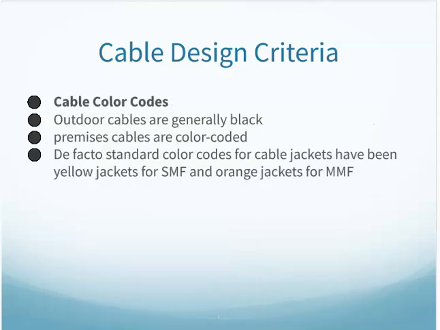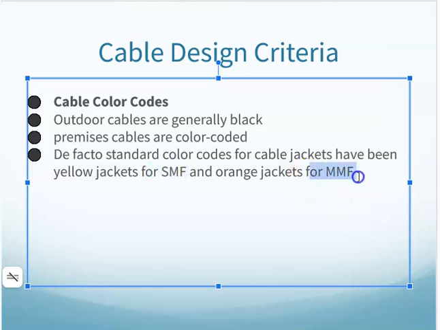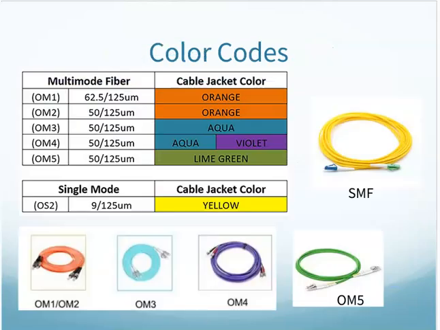Color code, they remind us: outside, pretty much de facto, black is the outside jacket color. And that's there for, as we said, UV protection, water protection, and so forth. Inside, typically, the de facto standard was yellow jacket for single mode, orange for multi-mode. But our multi-mode fiber inside has developed and advanced over time.